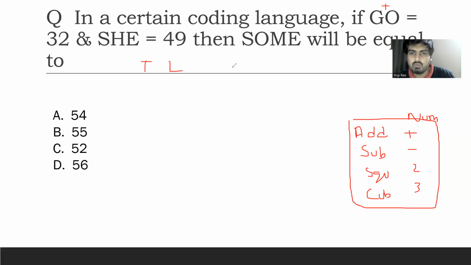So L is opposite of O. If somehow we forget, then one more way is there. That is 27 minus the alphabet number will give the opposite alphabet.